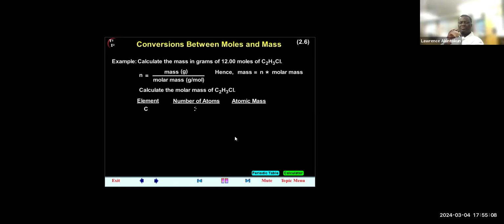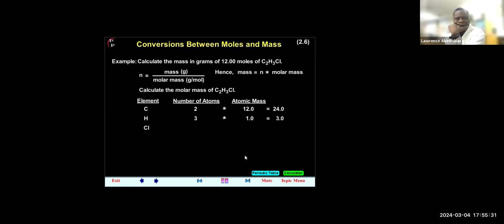Element C, number of atoms, 2, atomic mass, 12.0, total 24.0. Element H, number of atoms, 3, atomic mass, 1.0, total 3.0.